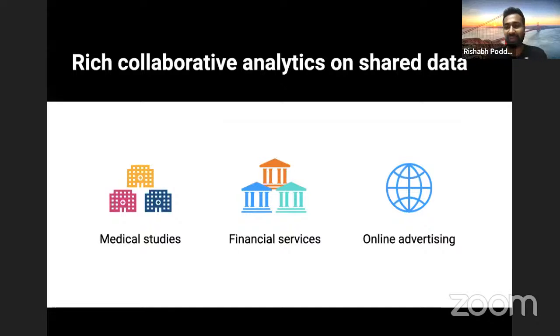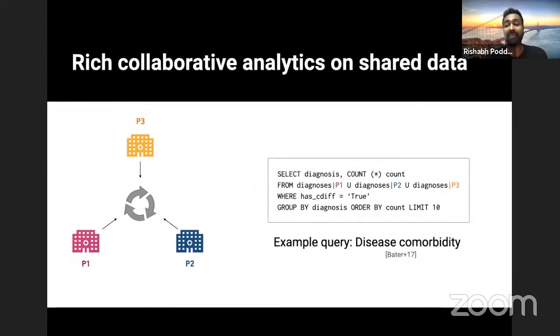A large number of applications and services today can benefit from sharing their data with each other and running joint analytics on their collective data towards a mutually beneficial aim. For instance, in the medical sector, such collaboration can enable healthcare institutions to perform better medical studies. Here's an example of one such analytical query expressed in SQL that we drew from the literature. This query aims to find the top 10 diseases contracted by patients who have been infected by a bacteria called C. diff.